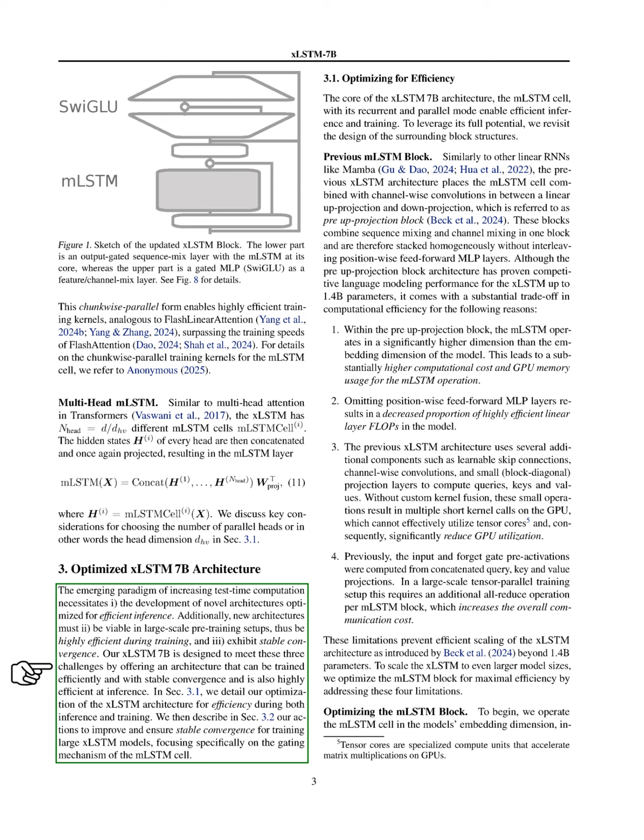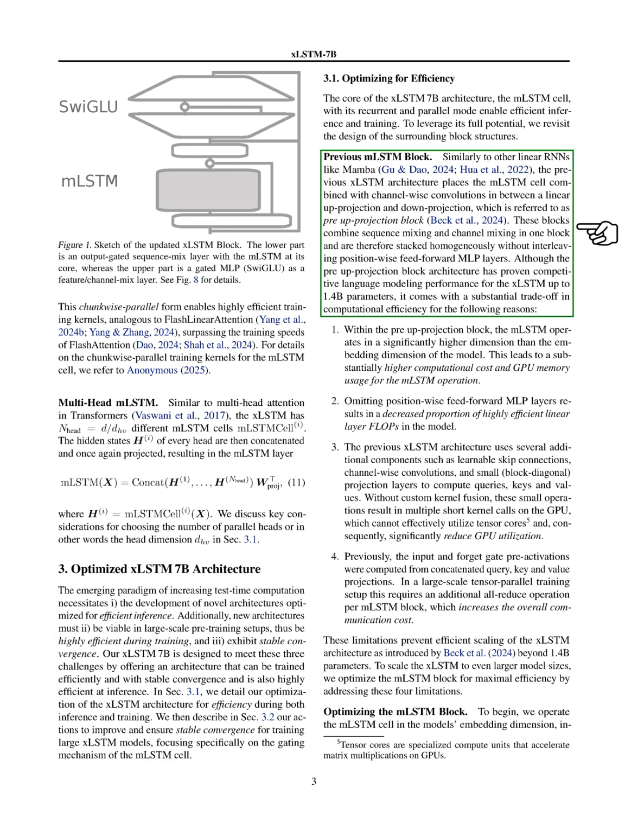To optimize for efficiency, we revisit the design of the xLSTM cell, which is central to the xLSTM 7B architecture. In previous designs, the xLSTM cell was combined with channel-wise convolutions between linear up projection and down projection blocks.